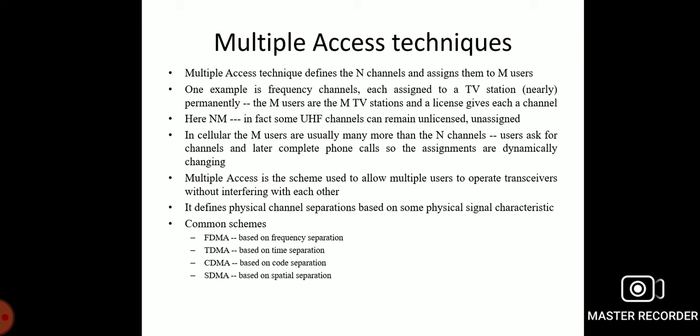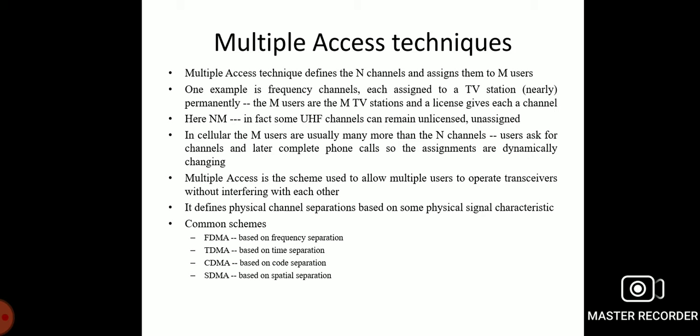So in the following categories of technique, we are using multiple access. We separate the frequency band in the entire system. So in frequency division multiple access, time division multiple access, code division multiple access, and also space division multiple access, we are using different accessing methodologies for the M users.